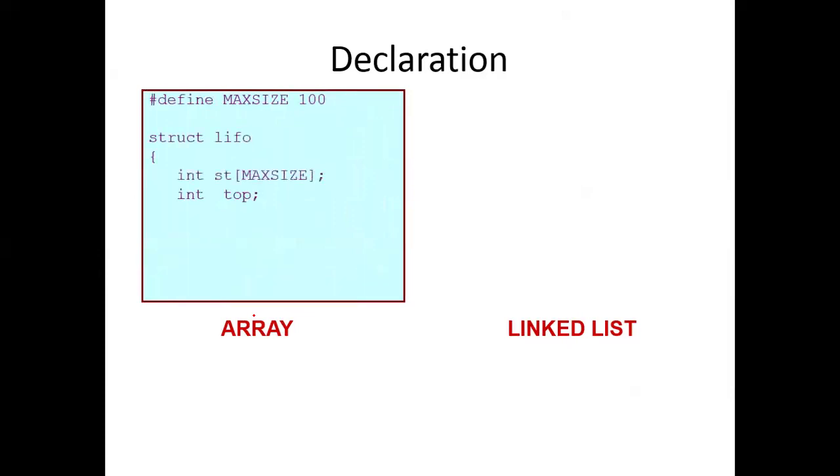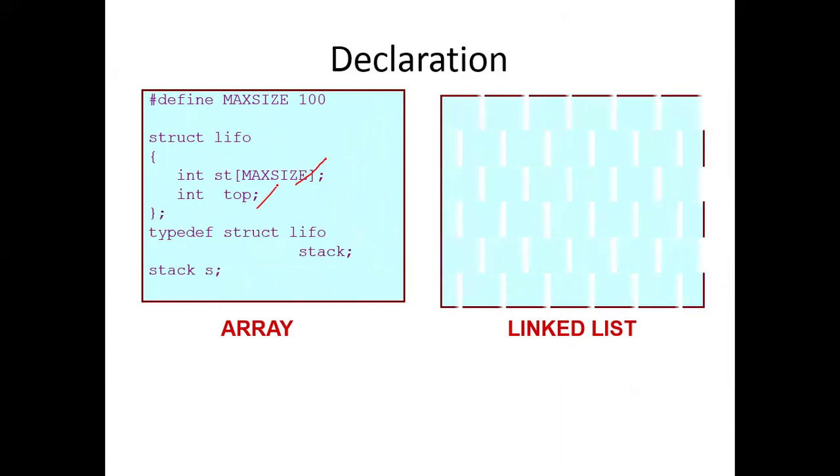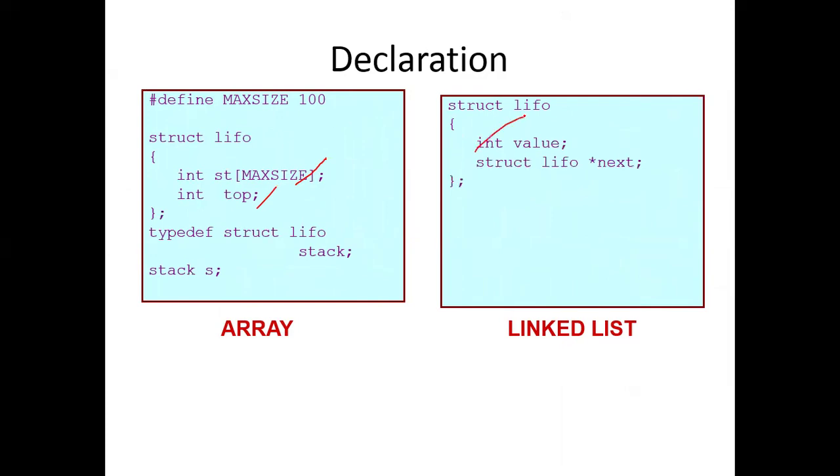So this is the definition for an array: using a structure, the stack elements in an array, and the top variable. For the linked list, you have a value and the next pointer, and a top variable pointing to the topmost item in the stack.